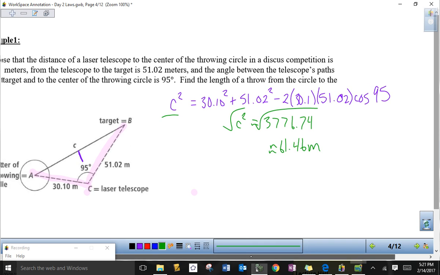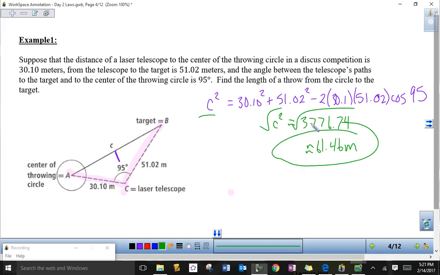Now, anytime you get done with one of these problems, you want to ask yourself if that's reasonable for what we're talking about. If you notice here, we've got 95 degrees, and that's the largest angle, so we've got our longest side across from it. It is the largest number, so that's awesome. But also we're talking about the throw of a discus.